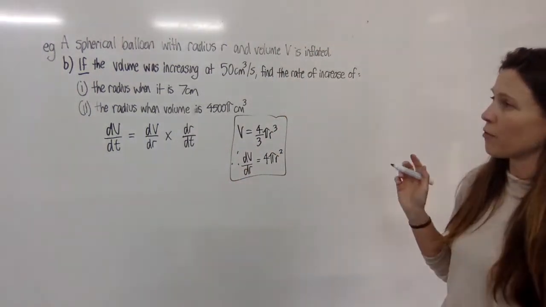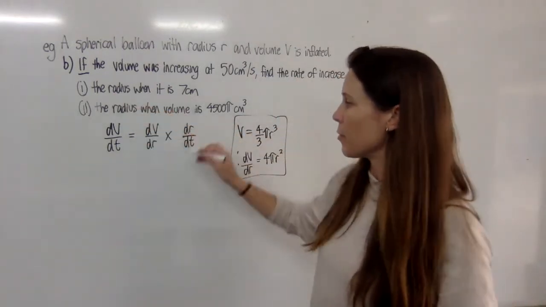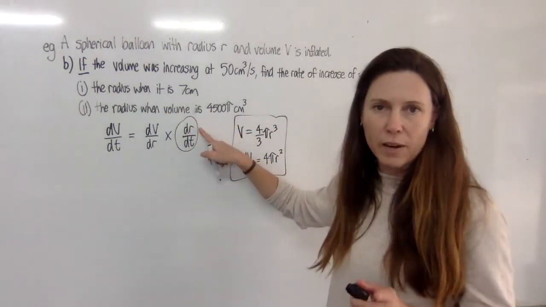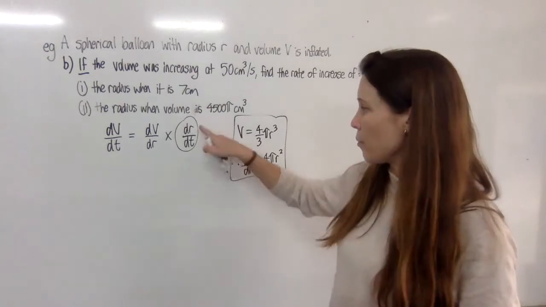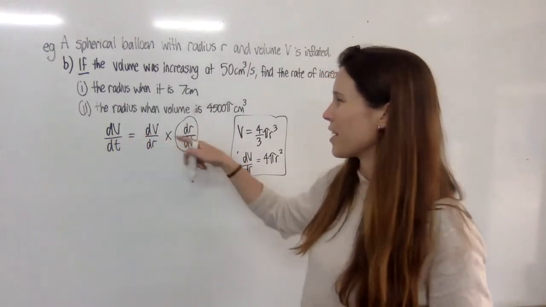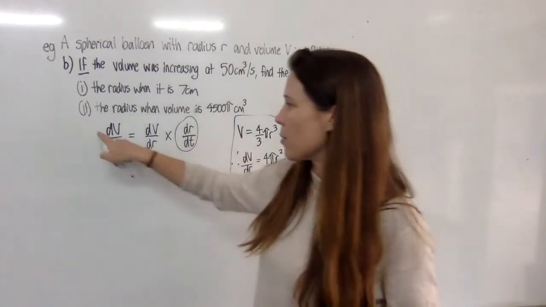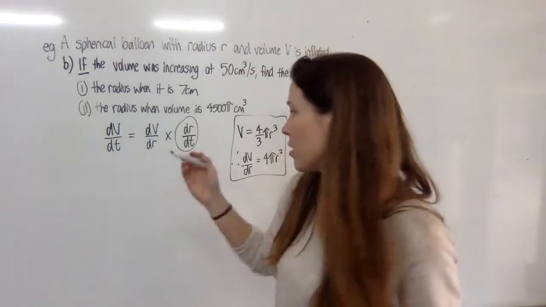Okay, so what we're actually finding in both of these questions is the rate of increase of the radius. In other words, we need to find the change in radius over time for both of these. Now, if we like, we could start with this whole thing and say, look, I'm going to need to use it twice. How about I rearrange it? This is going to be that divided by that, isn't it? You could do that if you like.